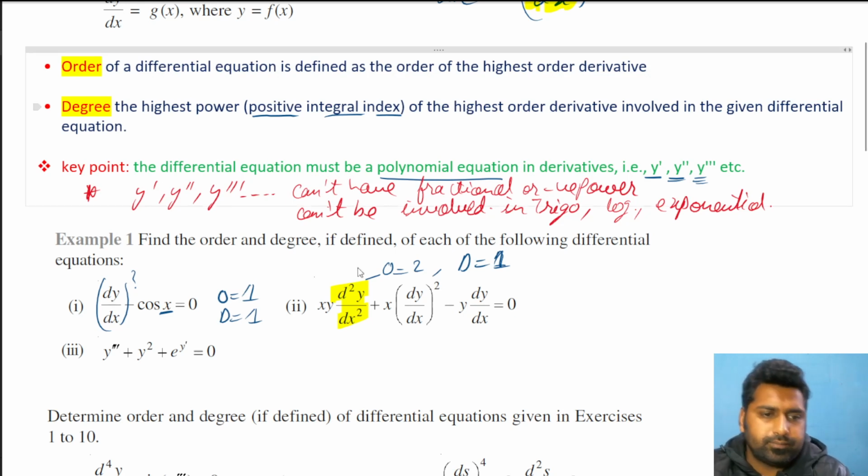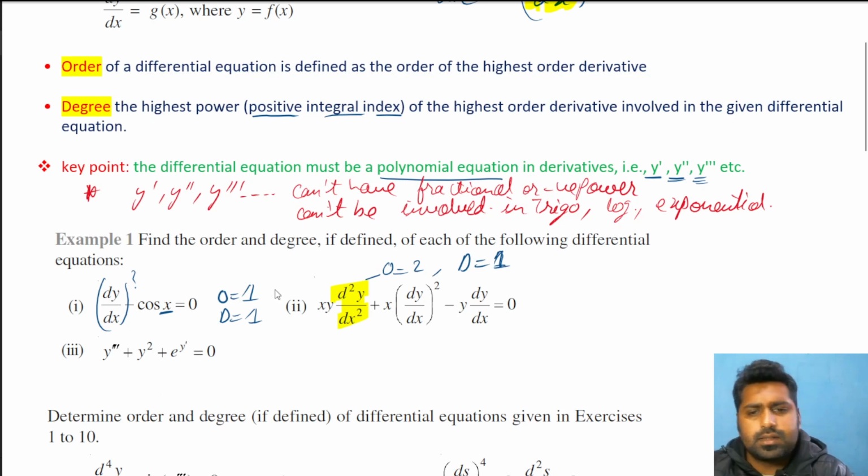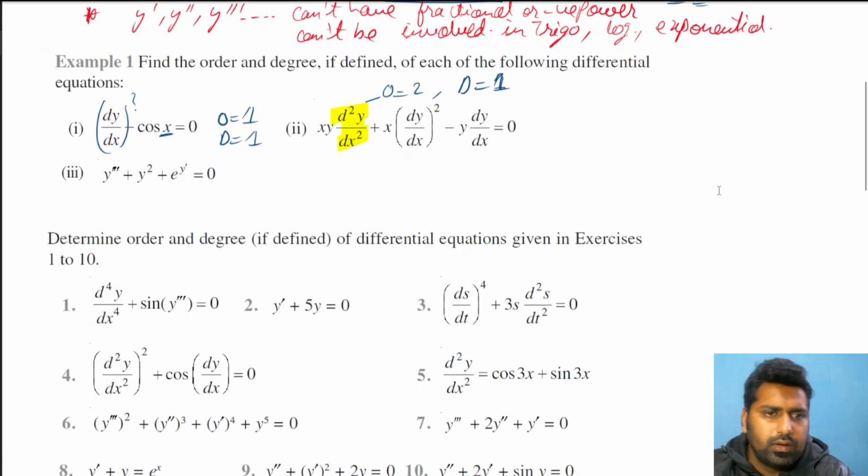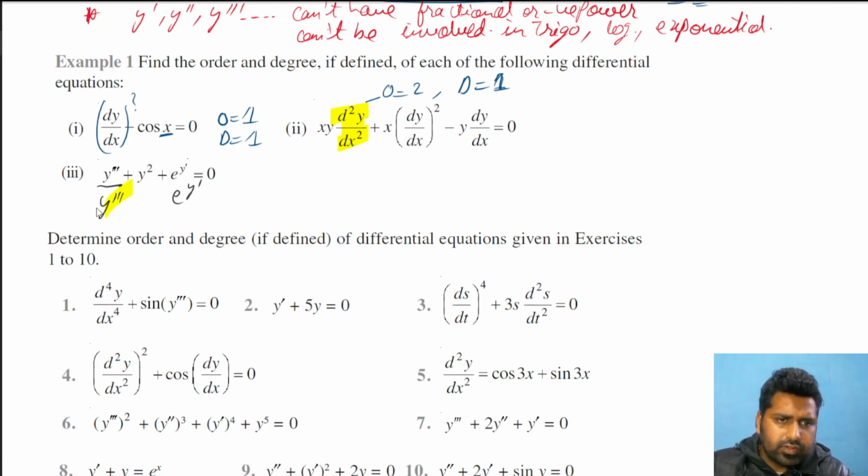All right. Next is this. This is y triple dash. In case you are unable to see this, I'll rewrite it: y triple dash, then y square plus e raised to power y dash. Now, order. What is the highest order derivative? 3 times differentiation, so order is 3.